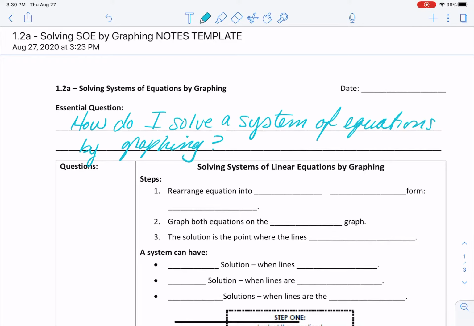So one of the first things that we need to talk about is what it means to solve.